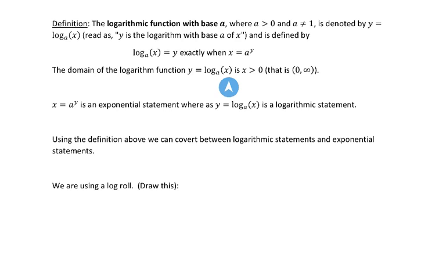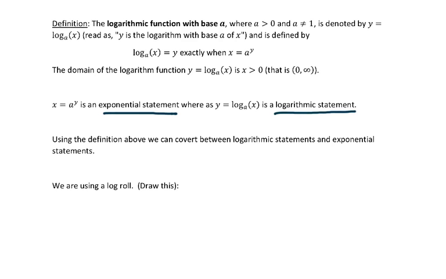In other words, the domain of this function is all positive numbers. And we'll also see later, I didn't write it here, that the range turns out to be all numbers. And this is also good to know. Whenever you have an exponent, such as a raised to something, you have what's called an exponential statement. When you have a logarithm, then you have a logarithmic statement. And using the definition here, you can go from one statement to another.